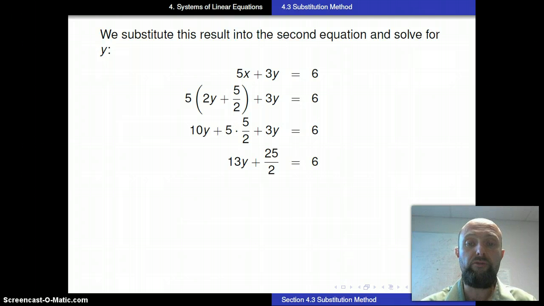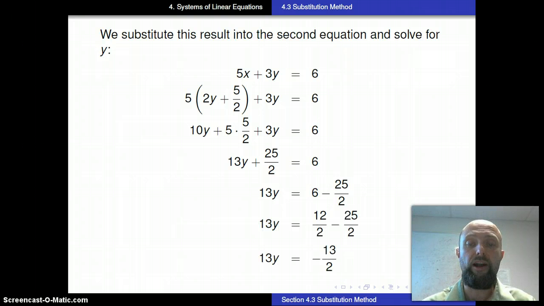Next we move the 25 over 2 to the right hand side by subtracting 25 over 2 from both sides. Now we simplify the right hand side by putting everything on common denominator, which is 2. Finally, we simplify and we find 13y is negative 13 over 2.